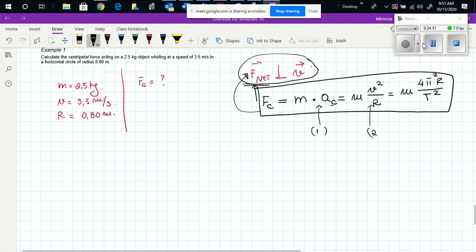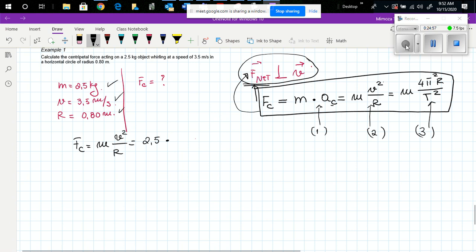Are we using equation 2? Or are we using equation 3? We're using equation 2 because in our situation, what we know is mass, velocity, and the radius.